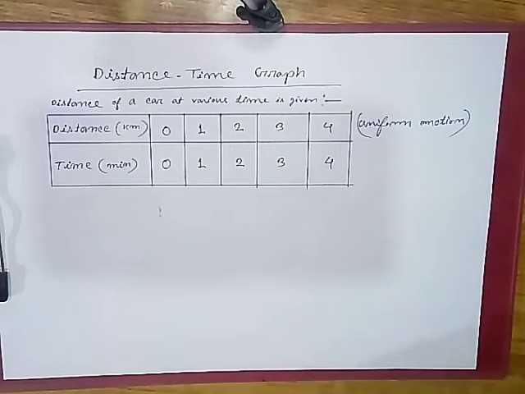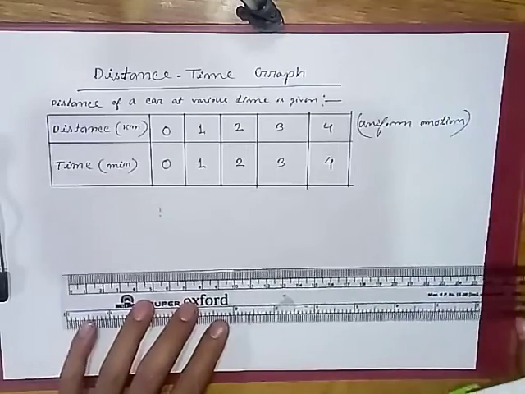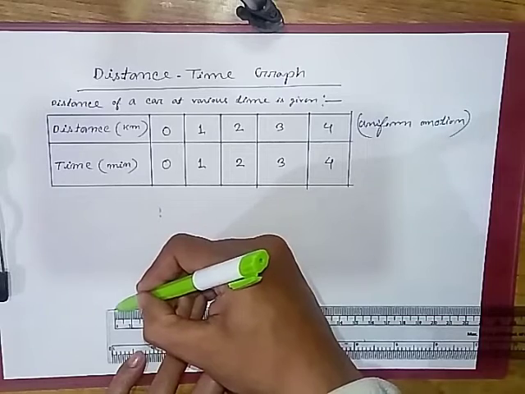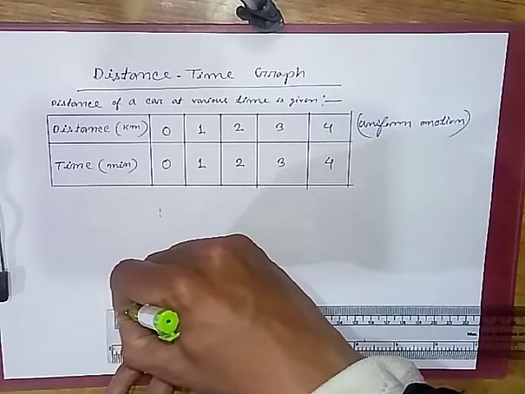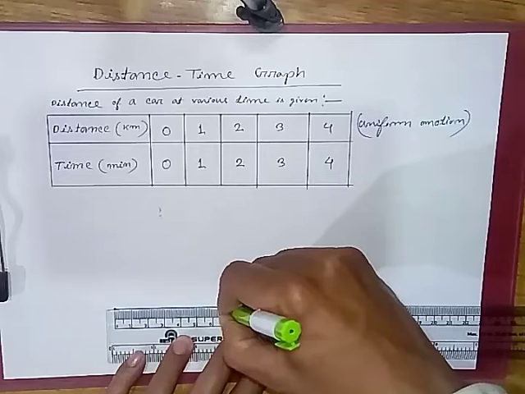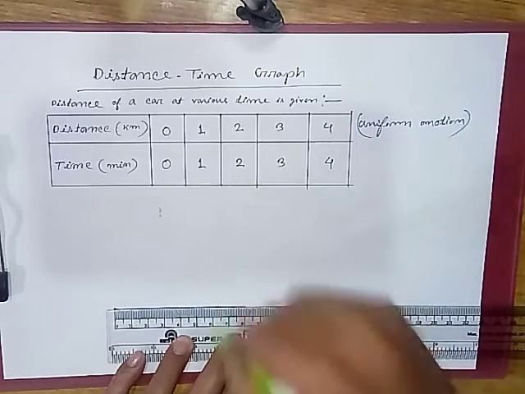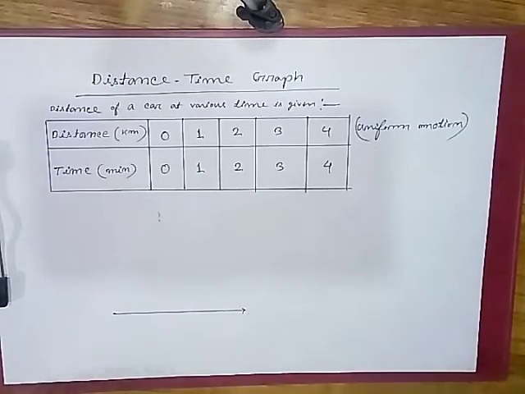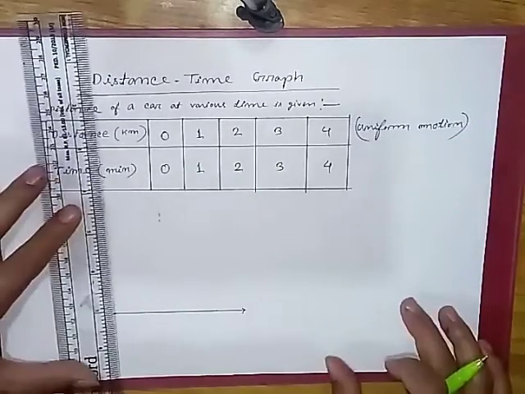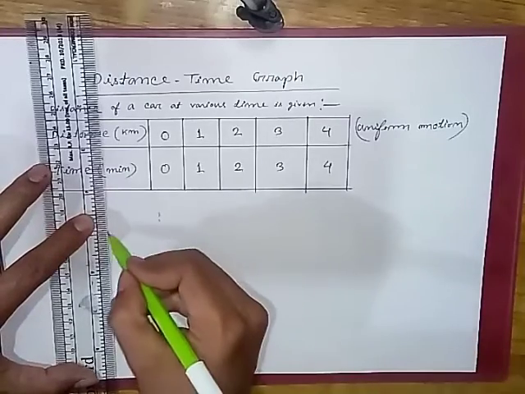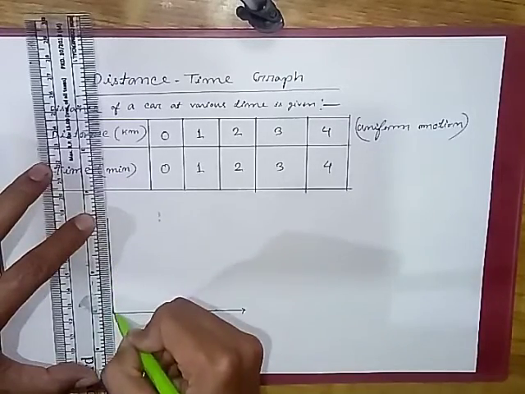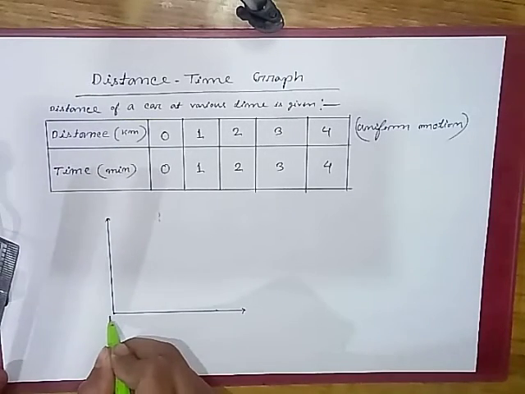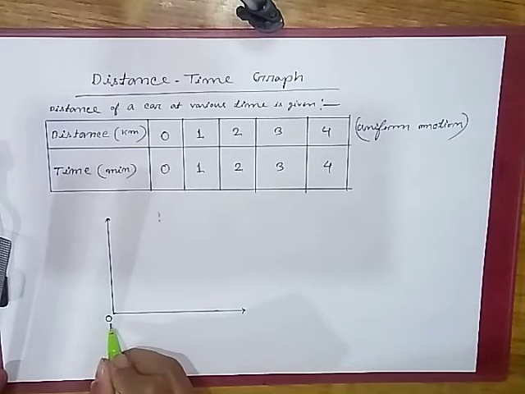So first of all, what we have to do, we will draw a horizontal axis, and then we will draw one vertical axis. Okay, we will name this the 0 point.